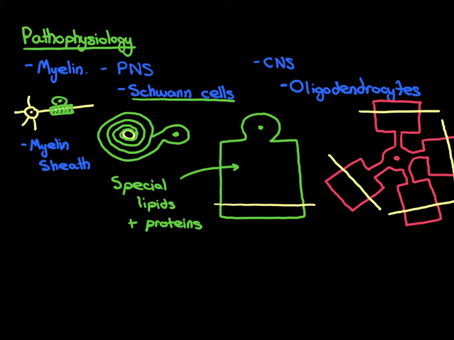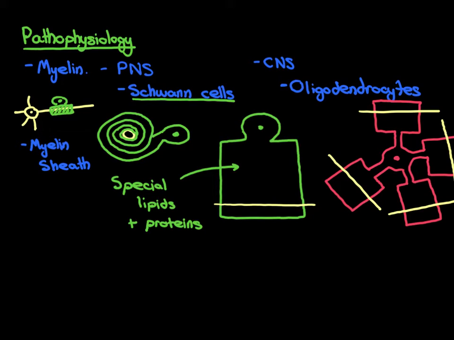Now, very importantly to understand is the fact that the myelin produced by Schwann cells is not exactly the same as the myelin that's produced by oligodendrocytes. In particular, the special proteins that are amongst the lipids in the myelin sheath are different in peripheral nervous system myelin compared to central nervous system myelin.